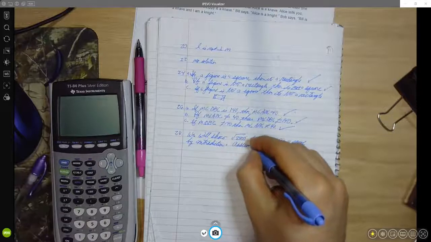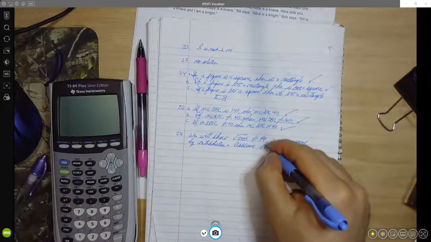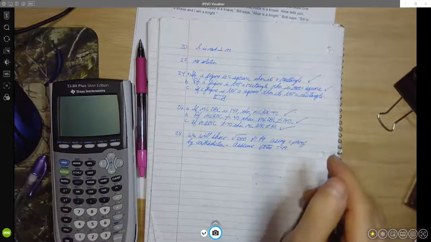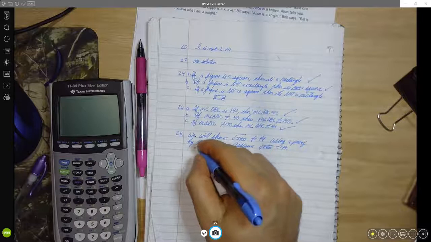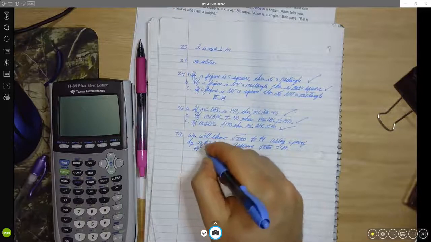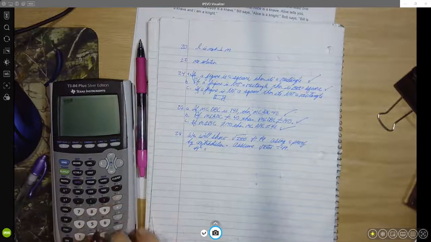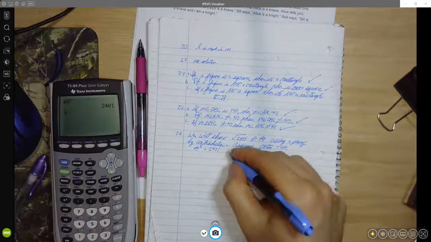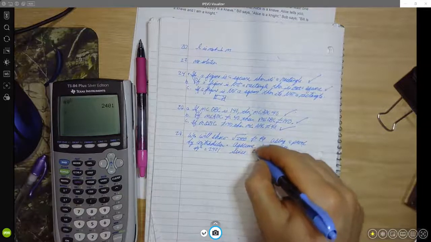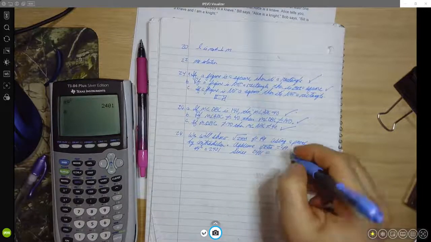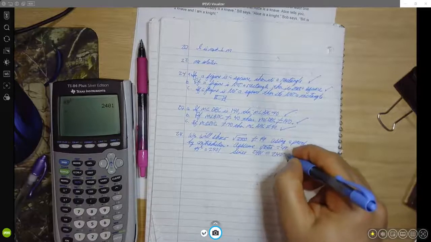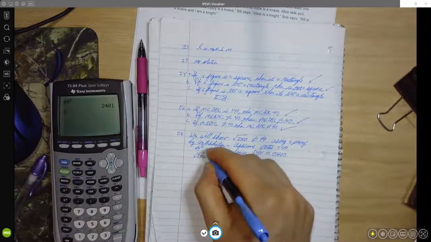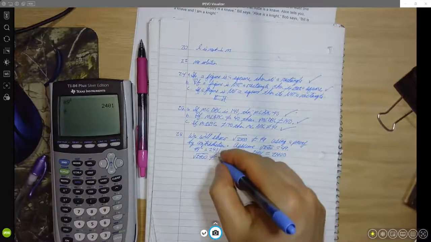Assume the square root of 2400 does equal 49. 49 squared is 2401. Since 2401 is not equal to 2400, the square root of 2400 does not equal 49.